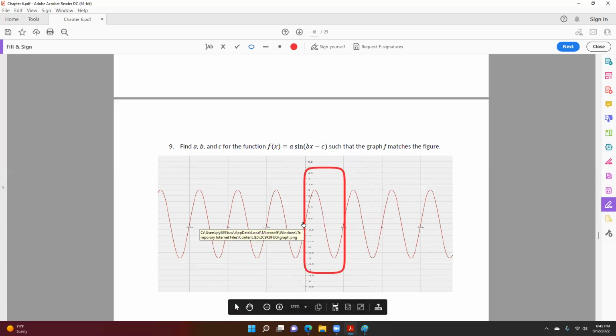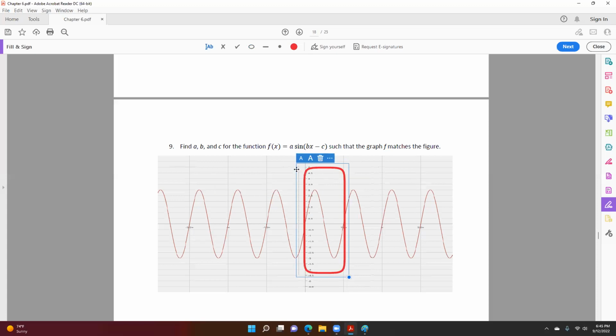That means that it doesn't have a phase shift in this case. Okay, so what you need to do here, class, is if you pick this red box, then we will concentrate on this red box to figure out your A, B, and C here.